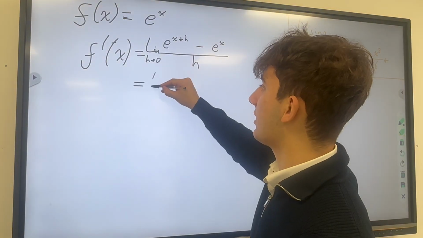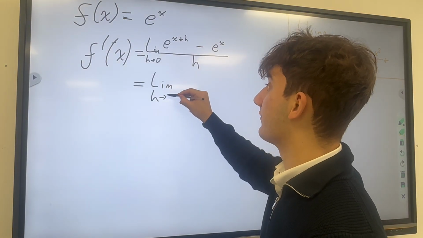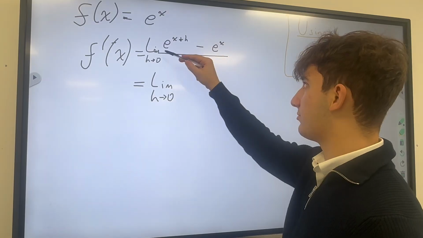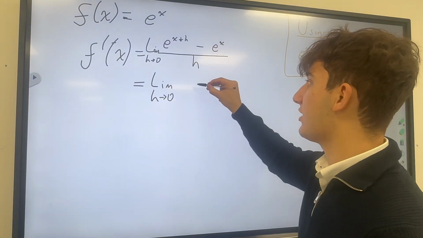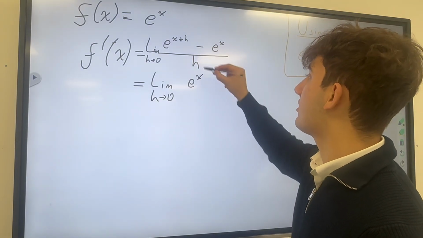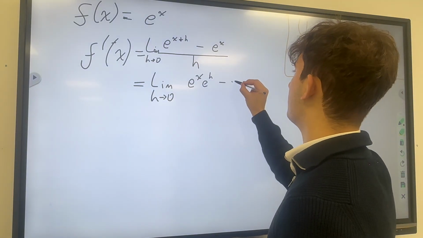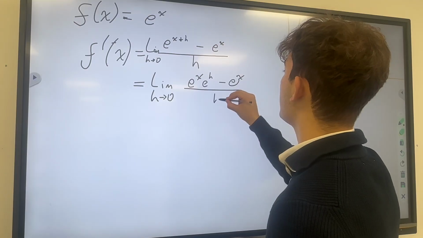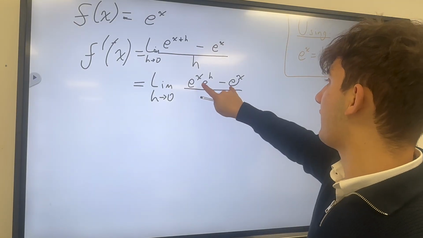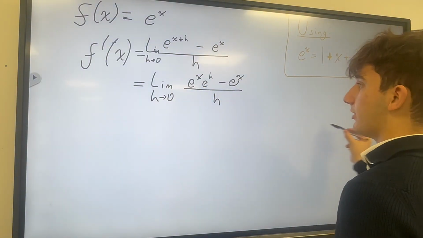Okay, so we take the limit again, just to make sure we don't forget. And we can simplify this part, e to the x plus h, by saying it's equal to e to the x times by e to the h. That's just index laws. And then of course minus e to the x all over h. And you can see now that we've got another thing that we can factor out. And so we're going to do that again.